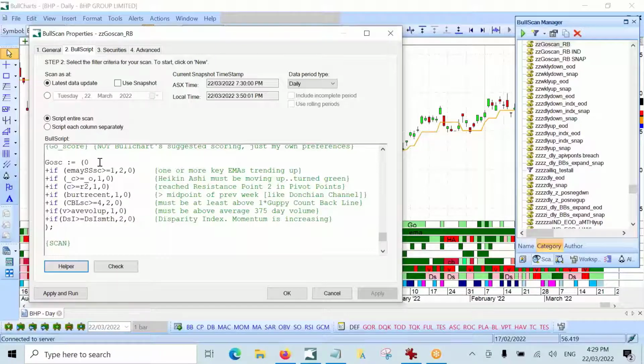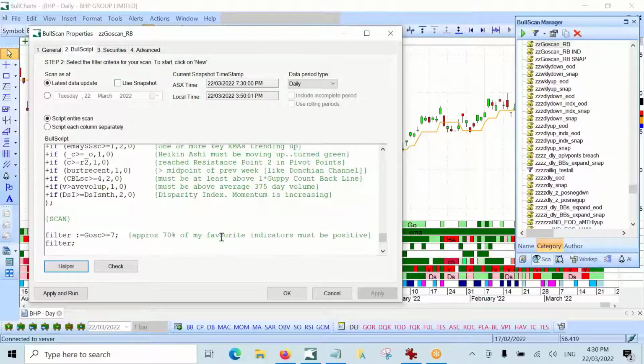I've made it into a variable itself. There we go, bracket 0, plus if it does this, 2 points. If it does that, 1 point, 1 point, 1 point, 2 points for the CBLs, 2 points for the EMAs, and 2 points for the disparity index, which I quite like.